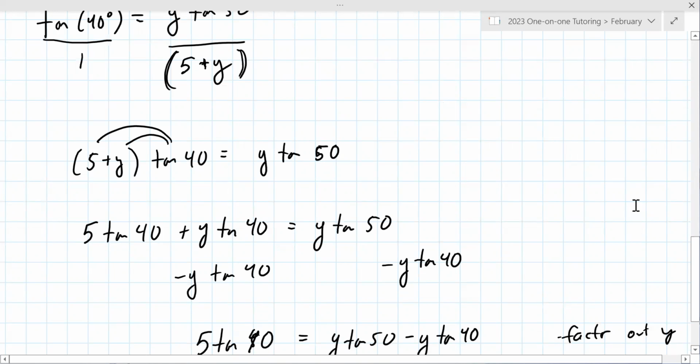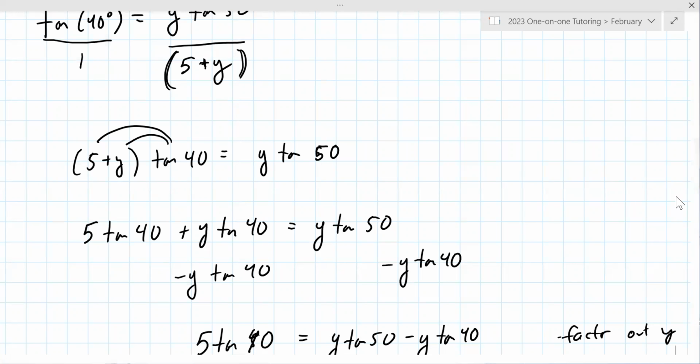And then we subtracted y tangent 40 from both sides. Okay, cool.